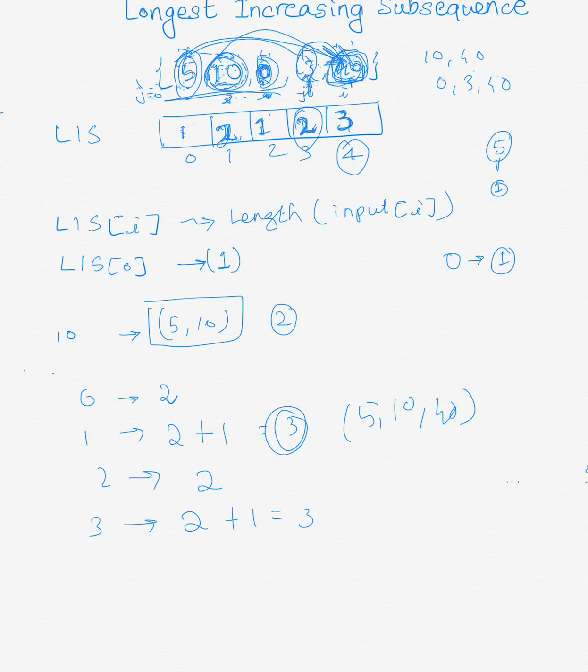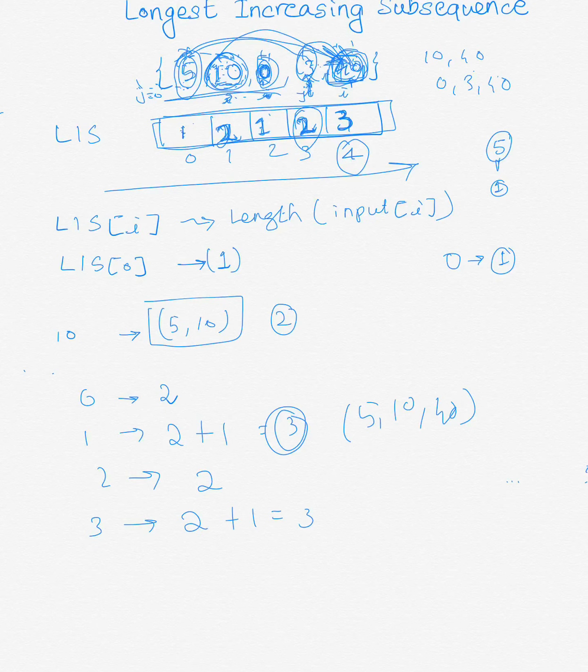And now if we go through this array once and find the maximum element, that will be the output for this problem. So we just have to go through this array once and return the max element as the length of the longest increasing subsequence.